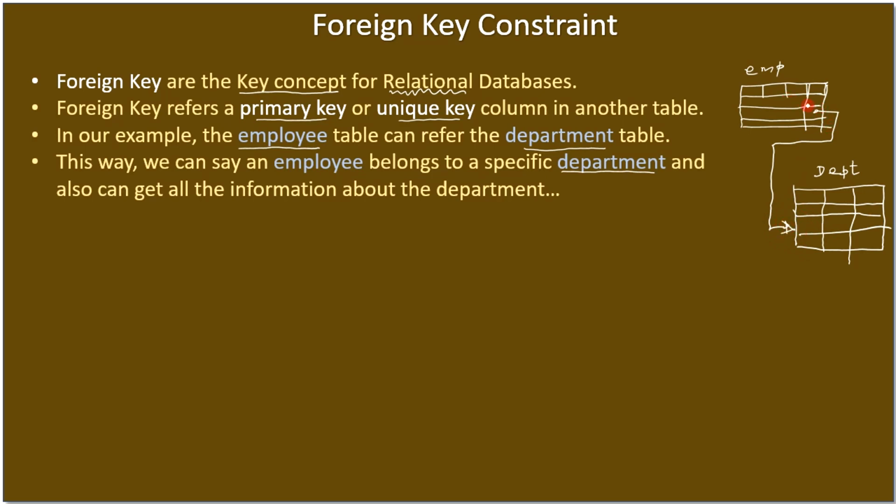This way we are avoiding redundant data, because here there is a key. That key uniquely identifies a specific row. This will be the foreign key, and here it will be the primary key. Let's state the first column is the primary key column here, and in the employee table the last column is the foreign key column. So just by specifying the ID, we can point to the department table, and from there we can get all the information.